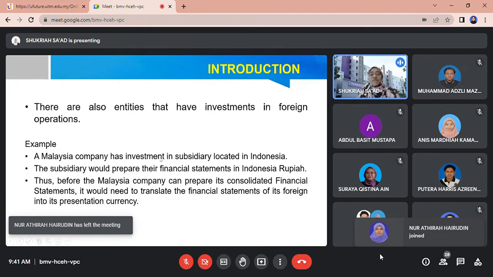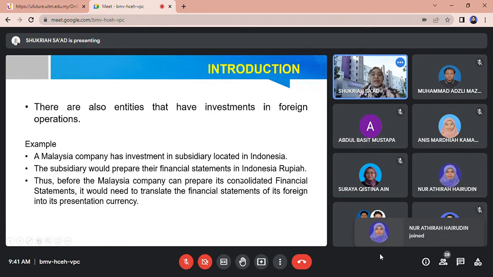But for functional currency, it's not rupiah. Tak semestinya rupiah, it can be other currency. We have to look at what be the primary economic environment that this subsidiary ni tengah deal. Contohnya, subsidiary dekat Indonesia ni dia ada buat transaction sales and buying dengan US.